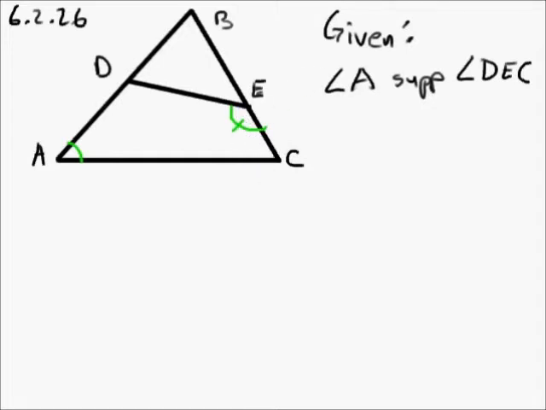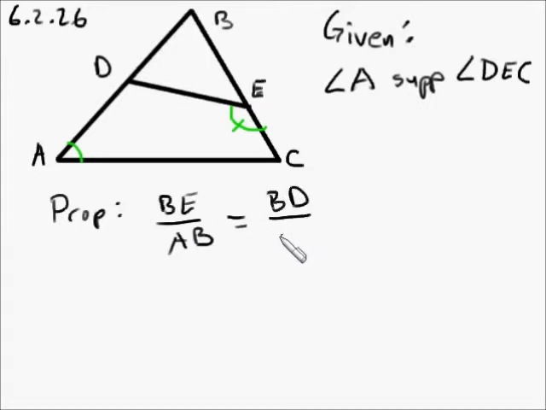And we're going to be asked to prove, the proposition is, the ratio between BE and AB is equal to the ratio between BD and BC. So let's prove this.